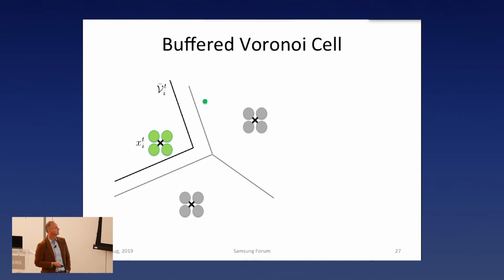So, simple idea: project that point to the buffered Voronoi cell and go to that point. Now notice if I go to that point in the next time step, my body is still in my Voronoi cell. And if everybody else does the same thing, meaning not literally the same thing, but following the same policy, only going to the projected point of their Voronoi cells, everybody's body is going to stay within their Voronoi cell. There can be no collision at the next time step.